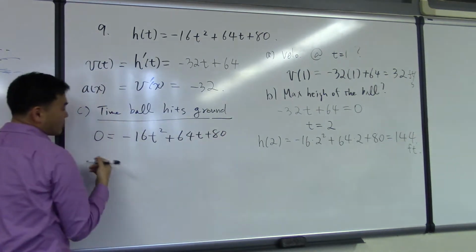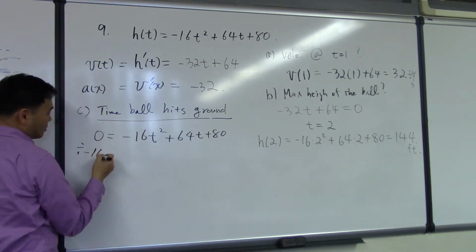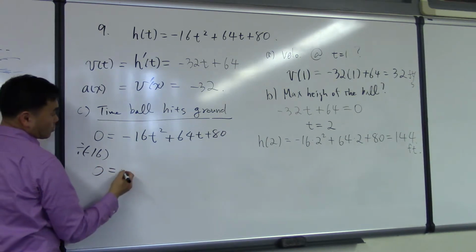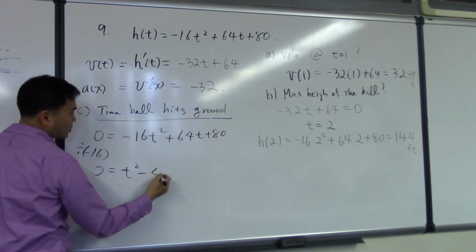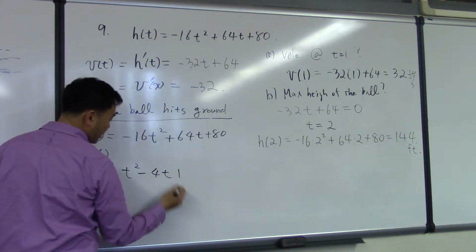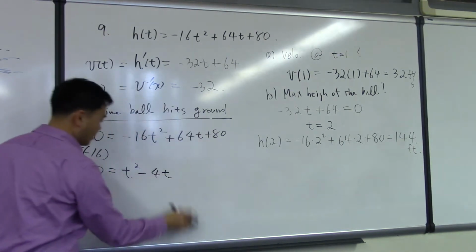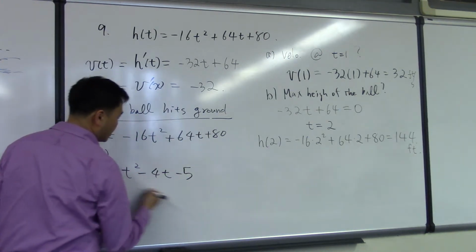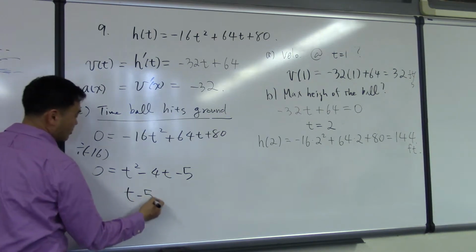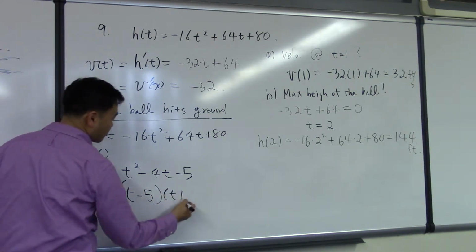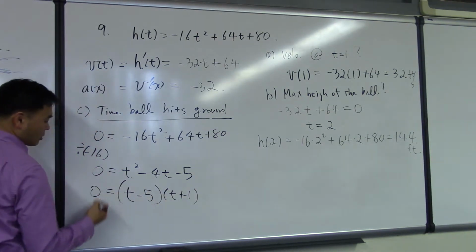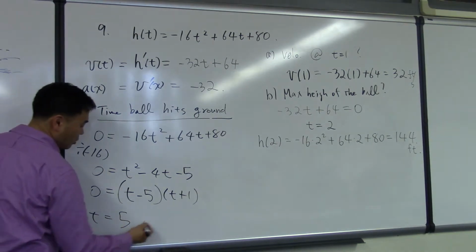Now let's divide everything by negative 16. So you get 0 equals t squared minus 4t minus 5. I can factor this as (t minus 5)(t plus 1) equals 0. So you get t equals 5 or negative 1.